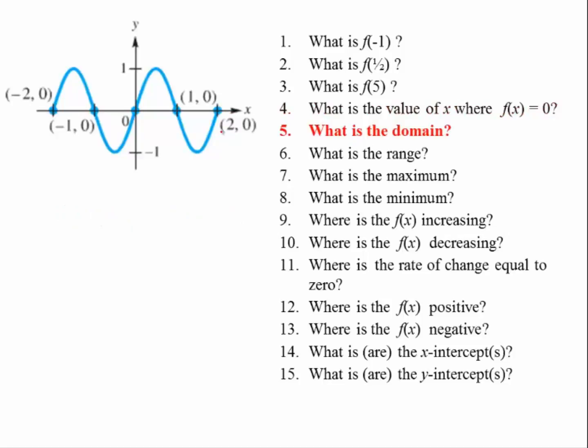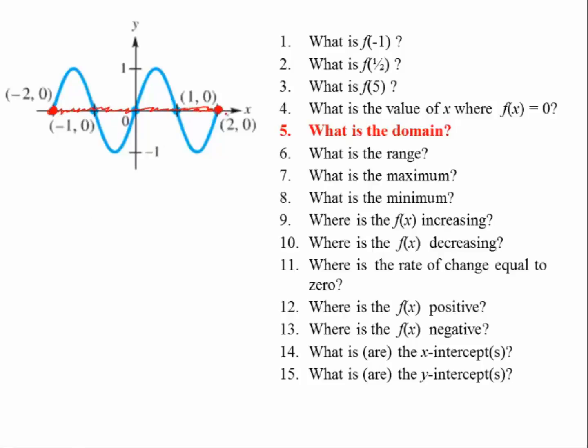Number 5, what is the domain? There's an endpoint at negative 2, so that's the smallest x, and it goes all the way to a positive 2. So there's an ending point for x, so all x values in between negative 2 and positive 2.